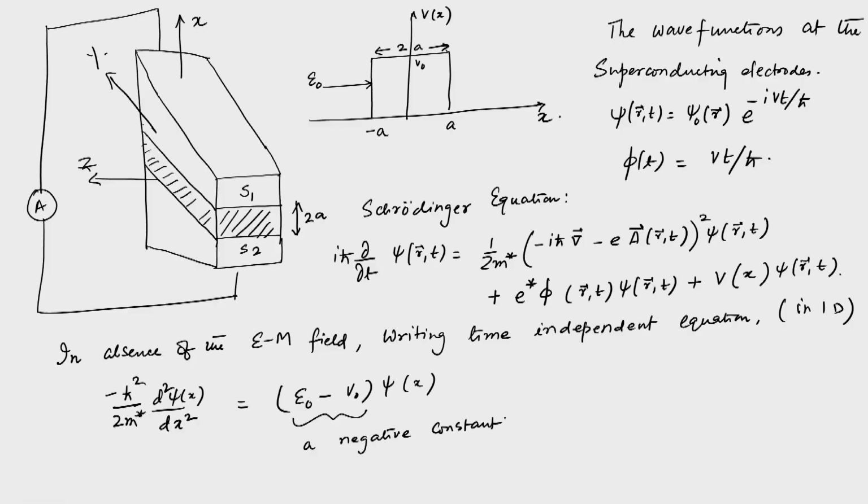You know what happens when a negative constant appears here: you have a decaying solution. So we have a solution which you can write in terms of exponentials, but in a constrained geometry we usually write it in terms of cosine hyperbolic and sine hyperbolic. So this is C 1 cosine hyperbolic x over xi plus C 2 sine hyperbolic x over xi.